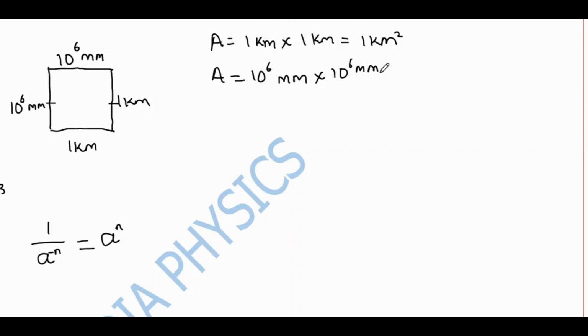Therefore, the area must be the same, because we are finding the area of the same square here, which is 10 power 12 square millimeters. And now this is our new conversion factor, where 1 kilometer squared is equivalent to 10 raised to power 12 millimeters squared.